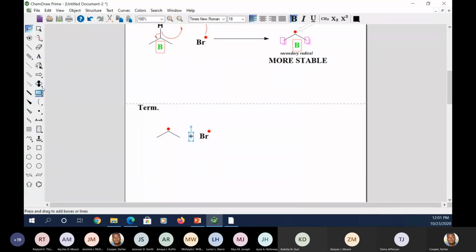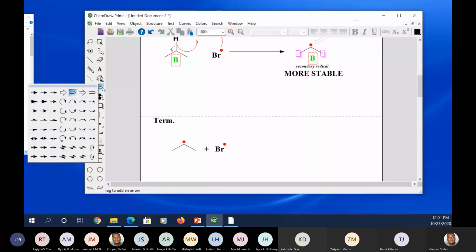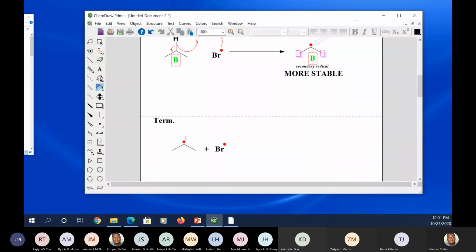I'm going to draw a single-headed arrow going from there, from there.